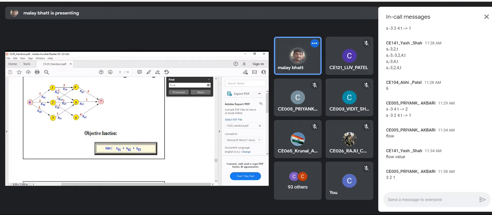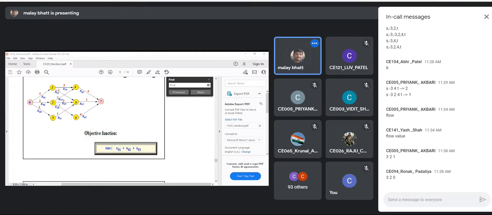What is the value? 3, 2, and 0. So it is 5. Is it 5 or 6?